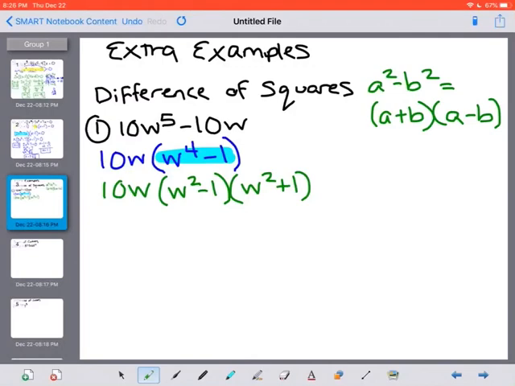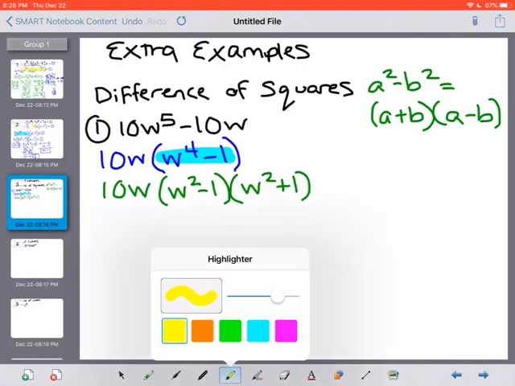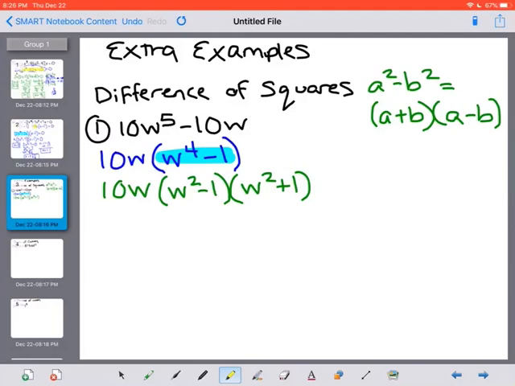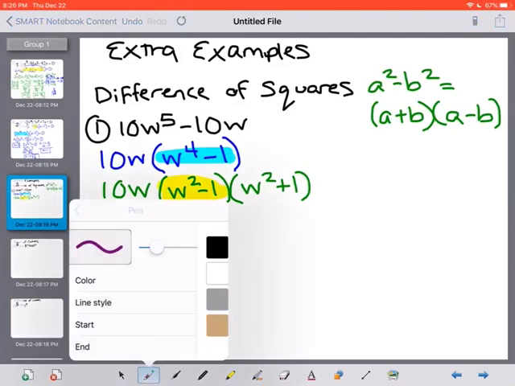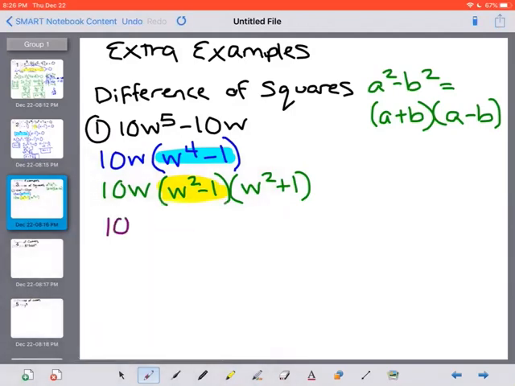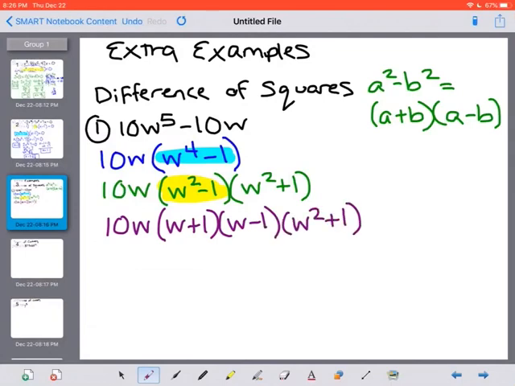So now we need to see if there's still another difference of squares. And there is right here. So now we have to continue to factor, and we get to bring down the 10w. W squared minus 1 turns into w plus 1, w minus 1, and then w squared plus 1 comes down, and that is our final answer.